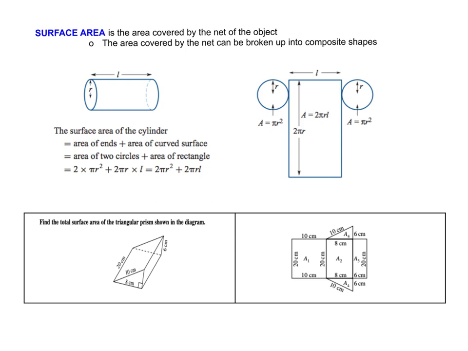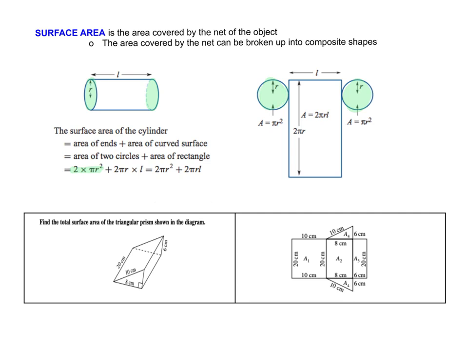The surface area is always finding the area of the faces. The cylinder has 2 circular faces, so in the formula they're working that out: the surface area of a cylinder says 2 pi r squared, because that's those 2 bits there.